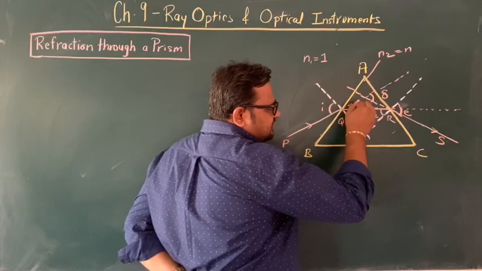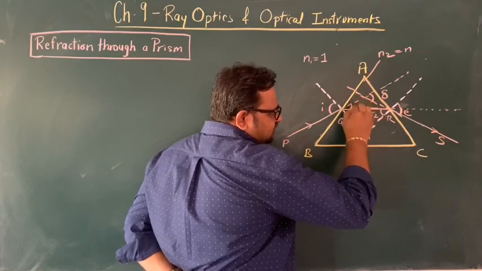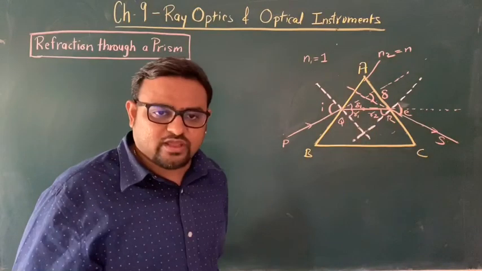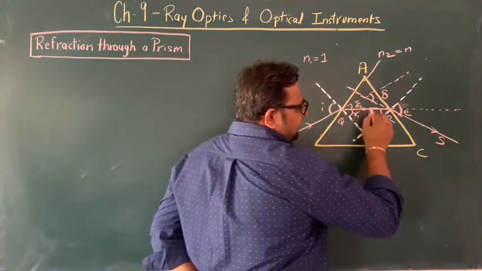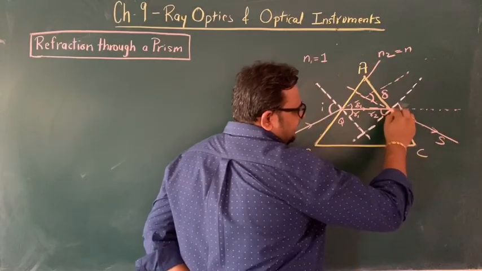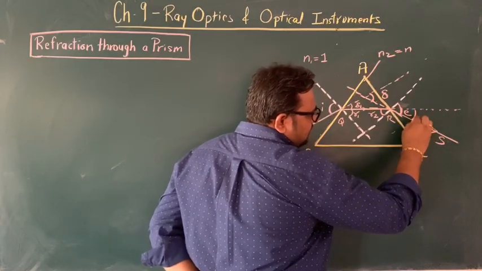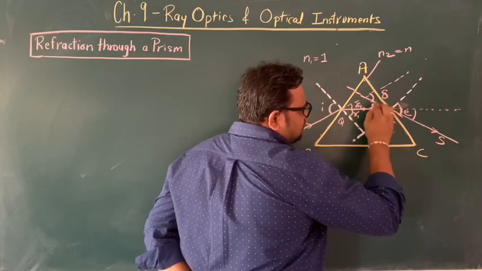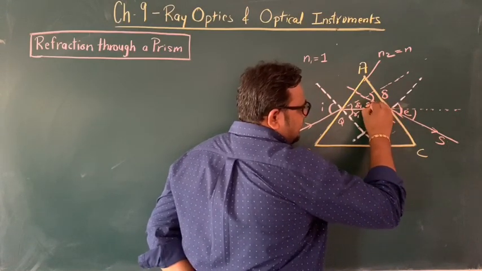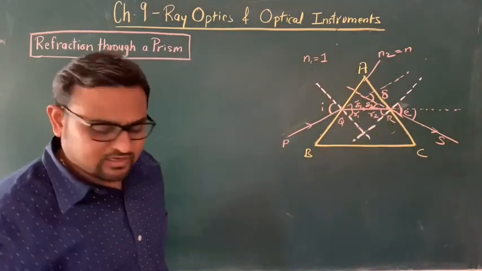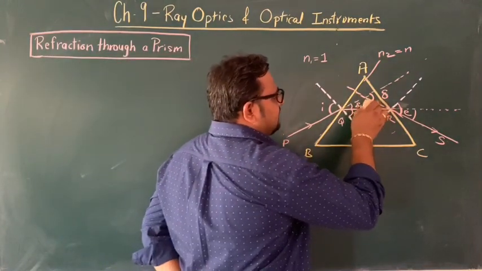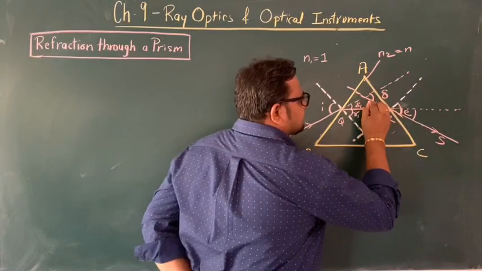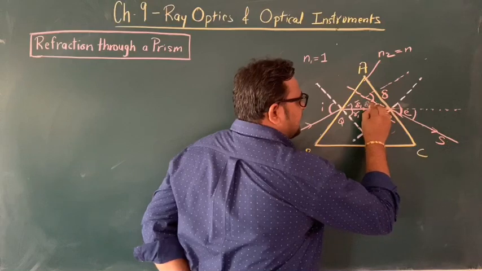The incident ray was moving in this way and this is the refracted ray. So this is delta 1. The refracted ray was moving in this way and the emergent ray goes this way, so this is delta 2, and this is a vertically opposite angle, so I will name this also delta 2. Let me write it down clearly. This angle is delta 2.